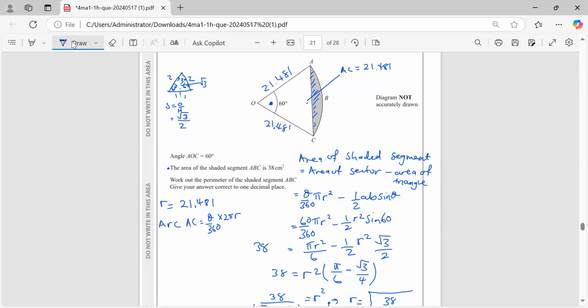It's 60 over 360 times 2 pi, and the new radius is 21.481. So this is going to give you 21.448.